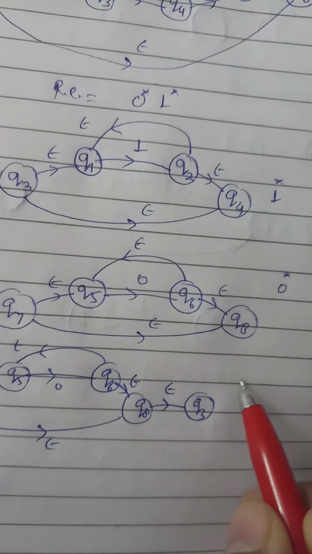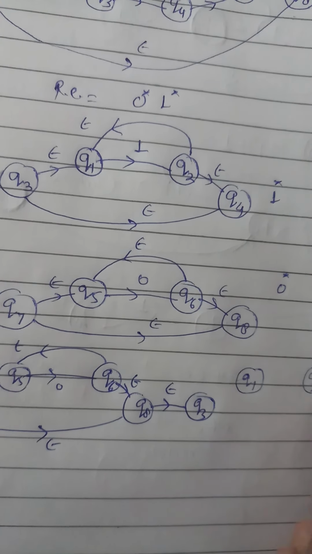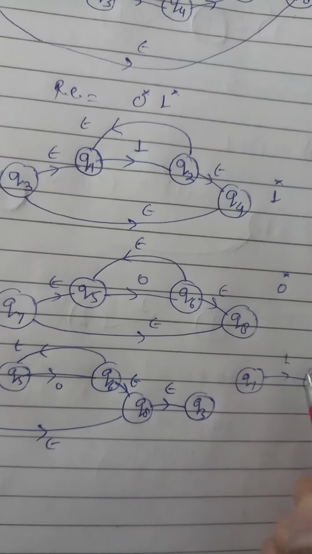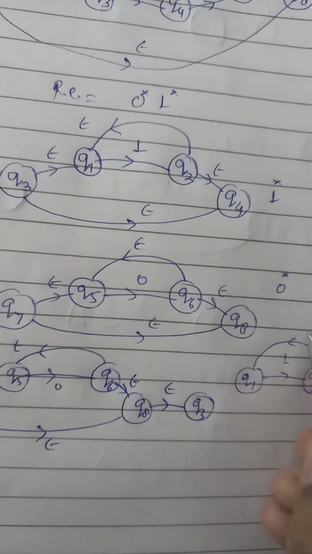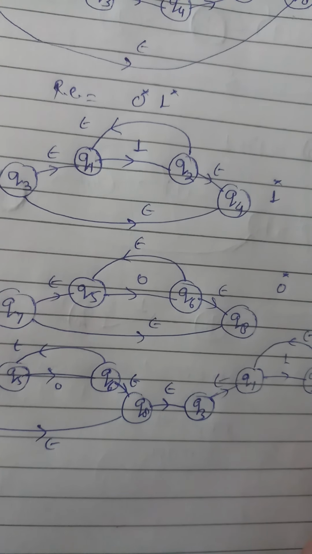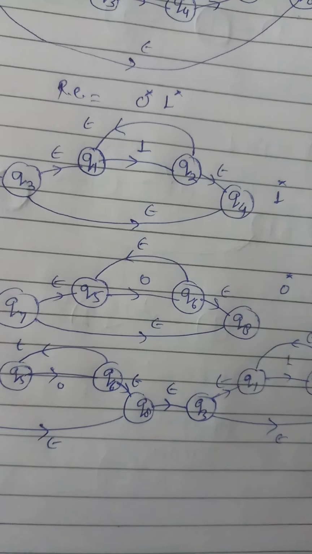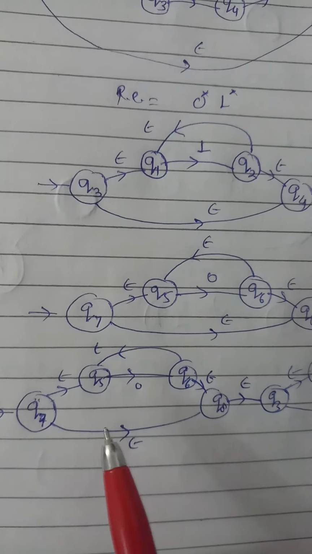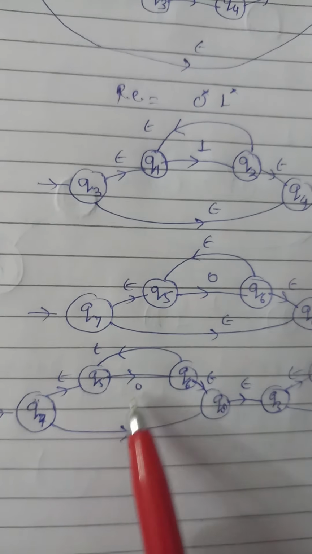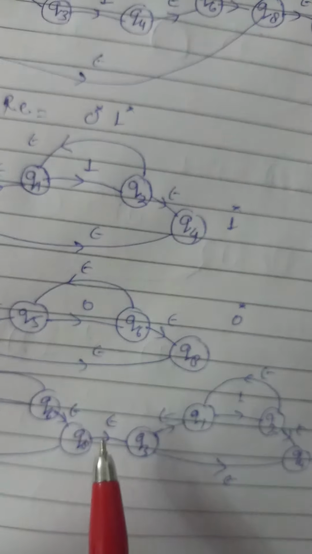Now we write 1*: Q1, Q2 with 1, initial to final epsilon move. Q4 we have an epsilon move. So this is our 0*, and we add this 1* with an epsilon move.